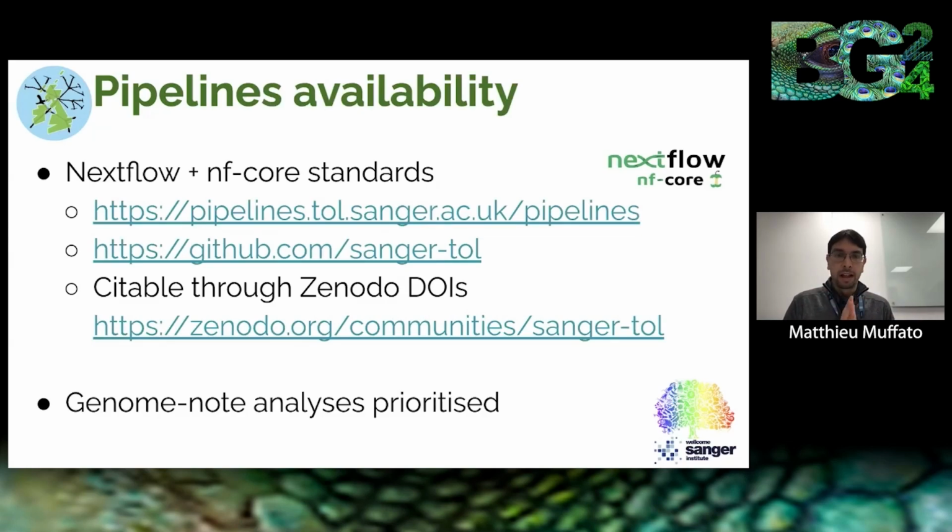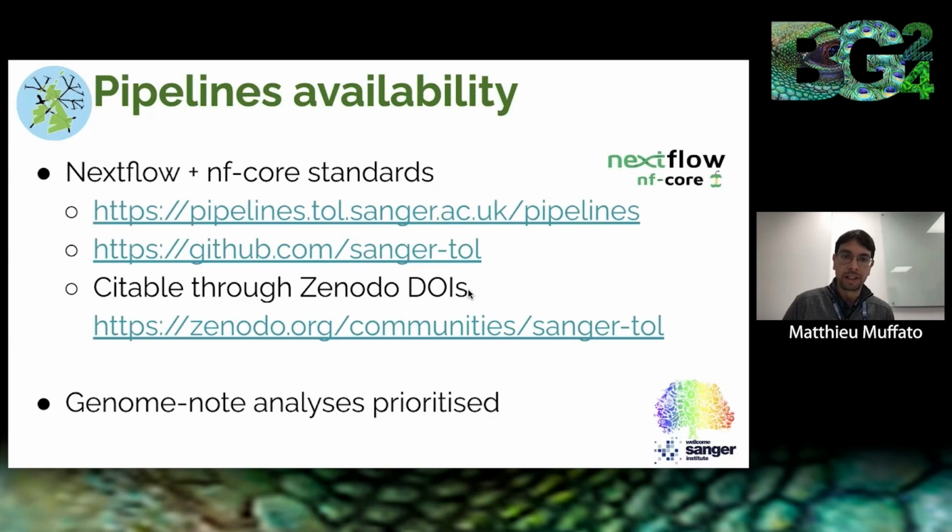All the pipelines are available on a registry website that we built that reuses the nf-core infrastructure, called our pipeline website. This will list all the pipelines that we have with their usage, documentation, different parameters, sample outputs, and so forth. All the code is on GitHub using the open source MIT license. And all pipelines can be cited through Zenodo DOIs.